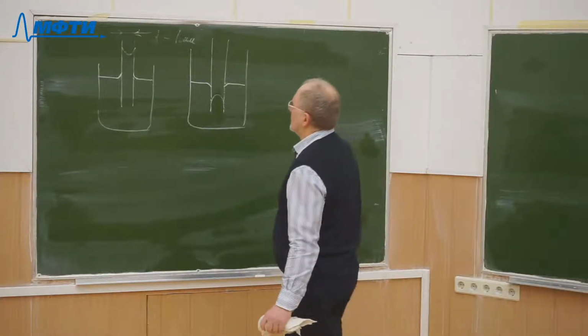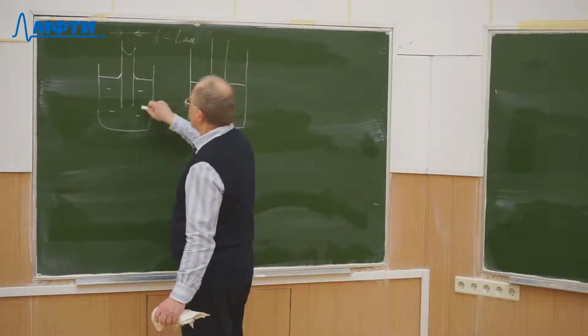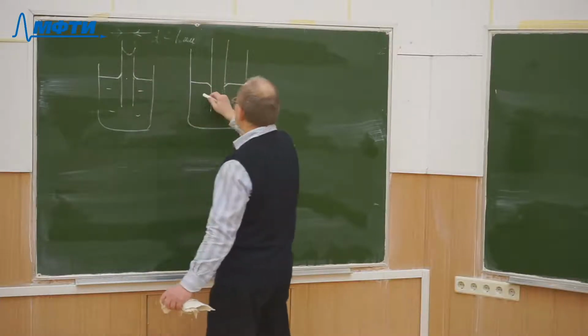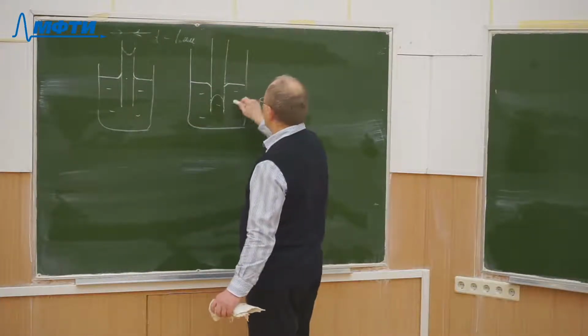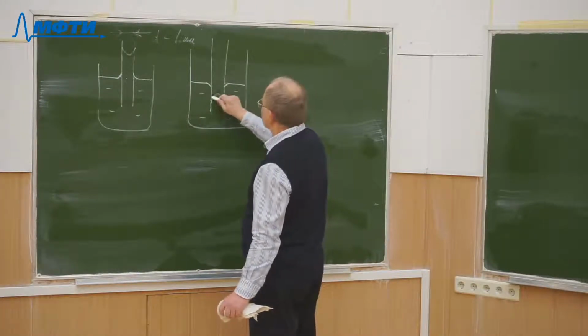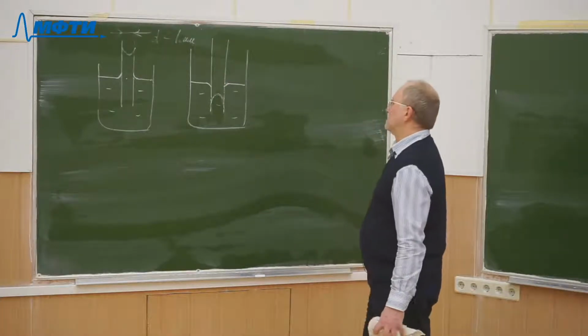So this is the case when the liquid is wetting the surface of the capillary tube made of glass. And this is another case when the liquid is non-wetting the surface of the glass capillary tube.